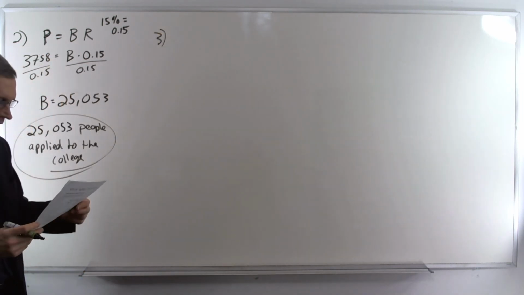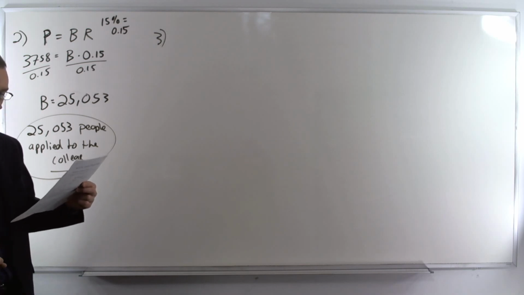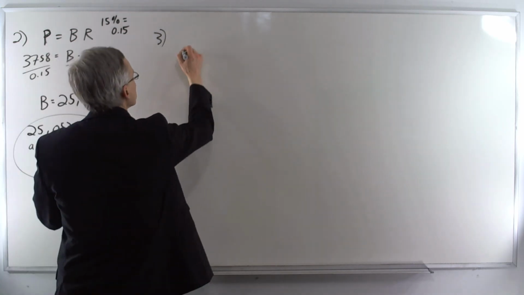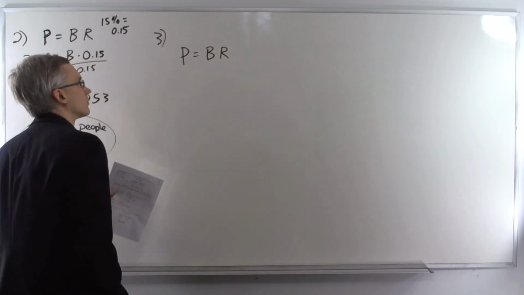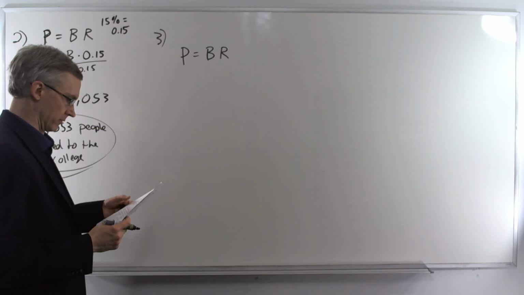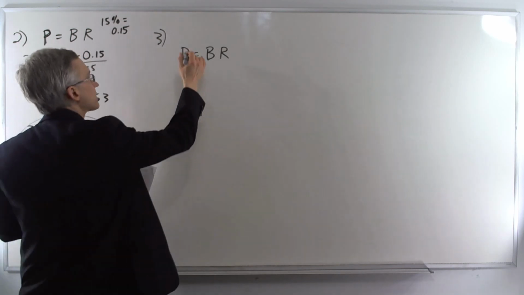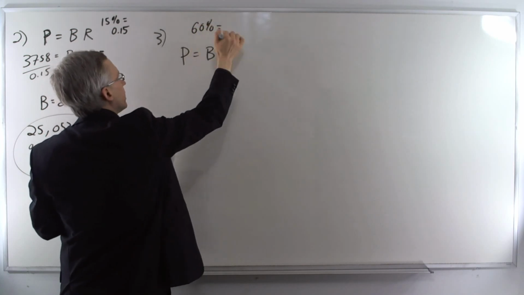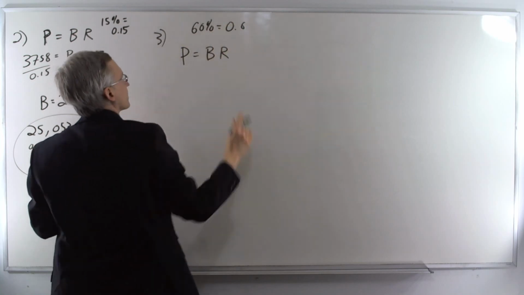Number 3, a baseball team won 60% of their 50 games this season. How many games did they win? So you got the rate, 60%, and as a decimal, move the decimal to the left, and we get 0.6.